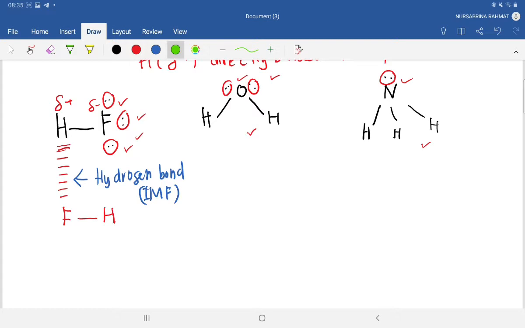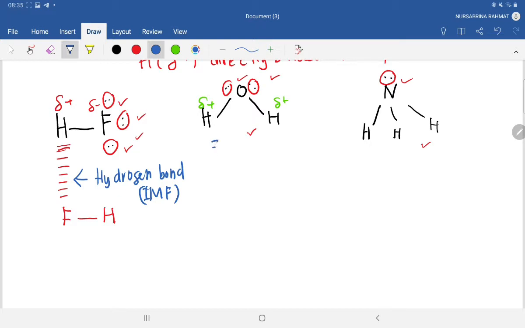Let me show you another example of how hydrogen bonds are formed between water molecules. In the water molecule there are two lone pairs, which means these two hydrogens will be partially positive. So it can form two hydrogen bonds with another two water molecules. Let's draw the hydrogen bond.